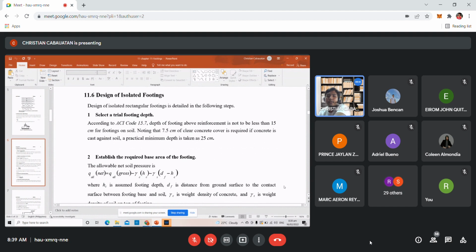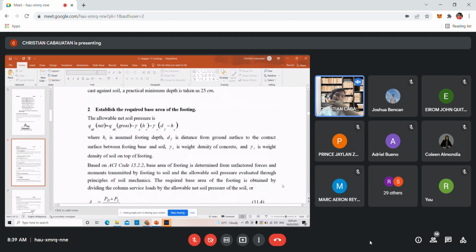Okay? So, to establish the required base area of the footing, diyan mo na makukuha sa Q allowable net. So, saka na natin i-ponder pa or palawakin pa yung knowledge natin diyan soon sa next discussions natin.